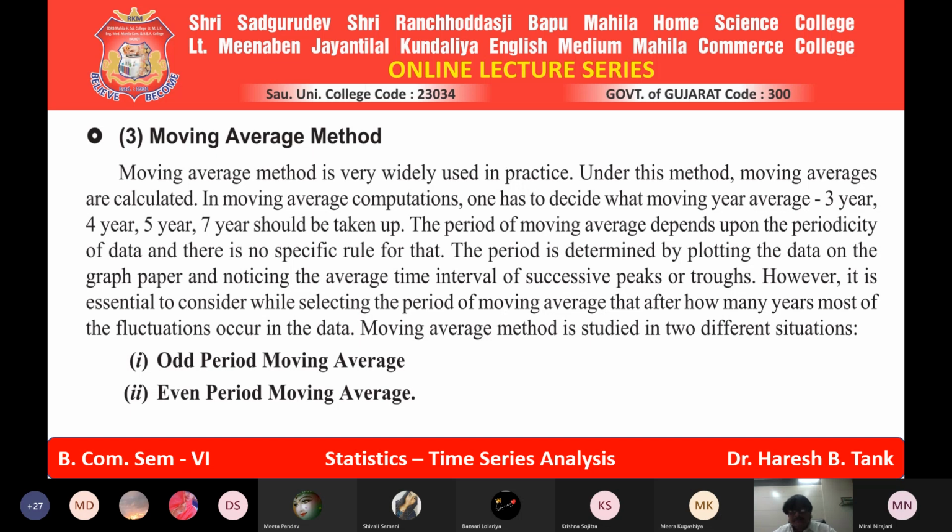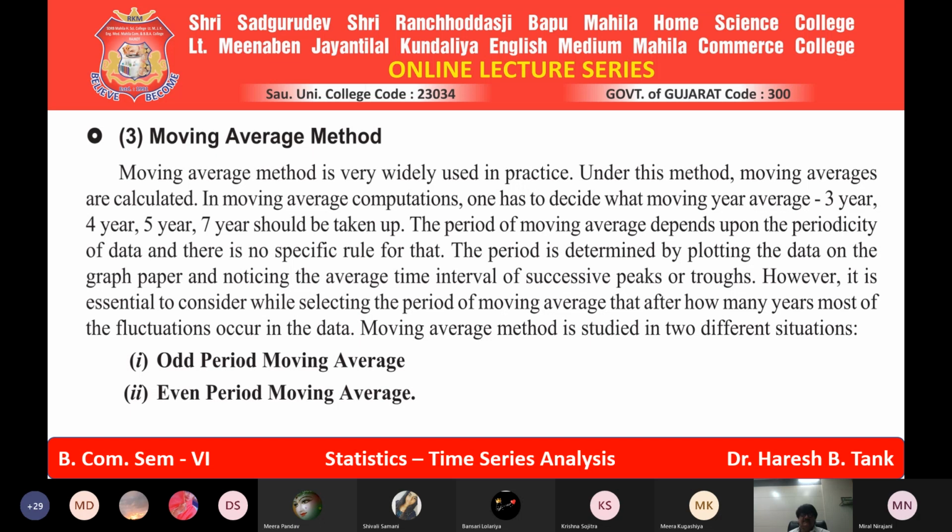In this method, moving averages are calculated on the basis of a number given to you. You have to calculate a 3-year moving average, 4-year, 5-year, or 7-year moving average, any one of these four types. What I am talking about right now is in your syllabus.